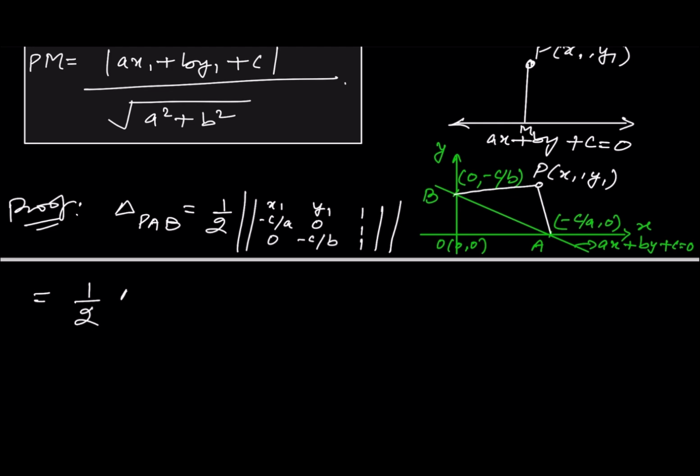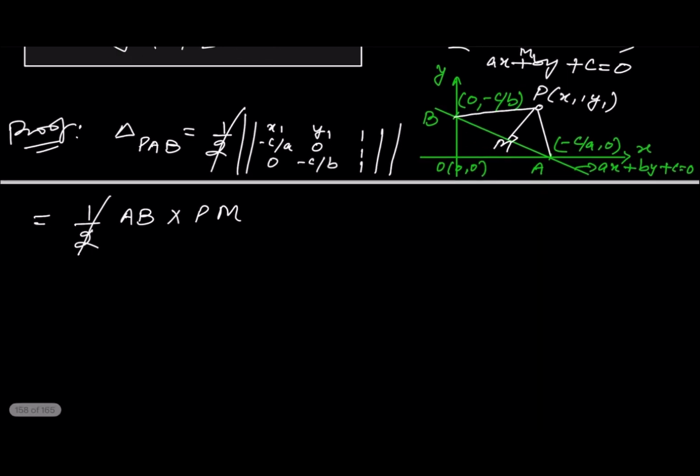Base is AB, let's say height is PM, right? So half cancel out.